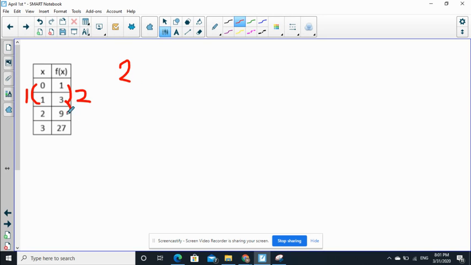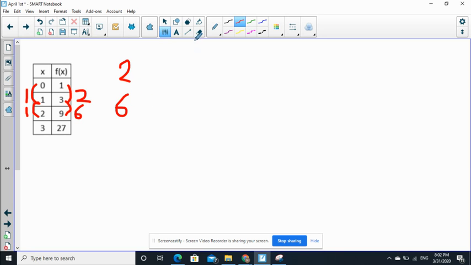Let's see the second one. 3 became 9. It increased by 6, and x increased by 1. Change in y divided by change in x, 6 divided by 1 equals 6. So they are not the same.